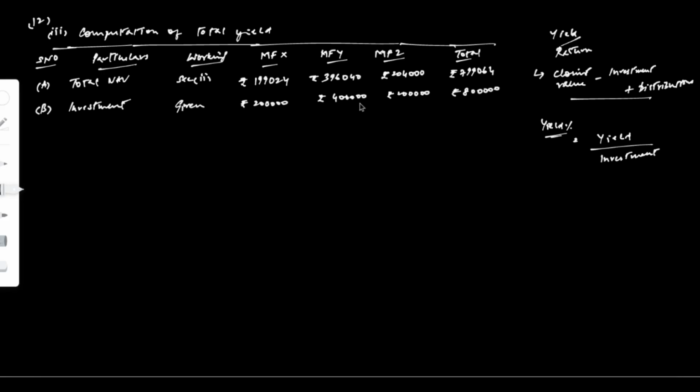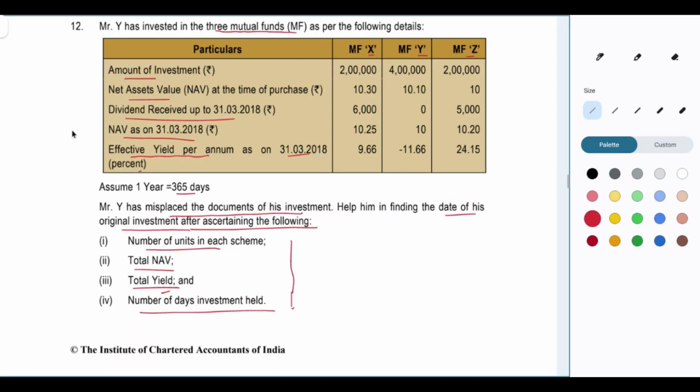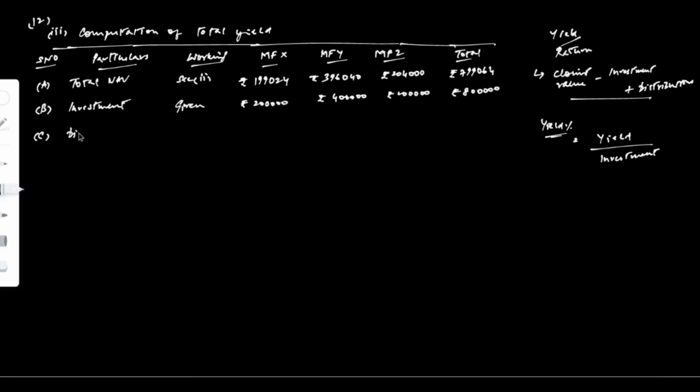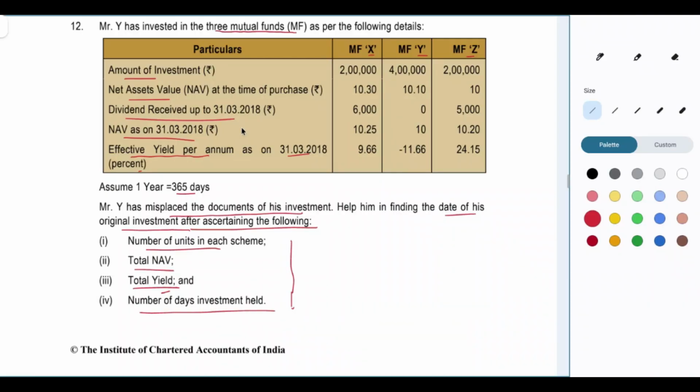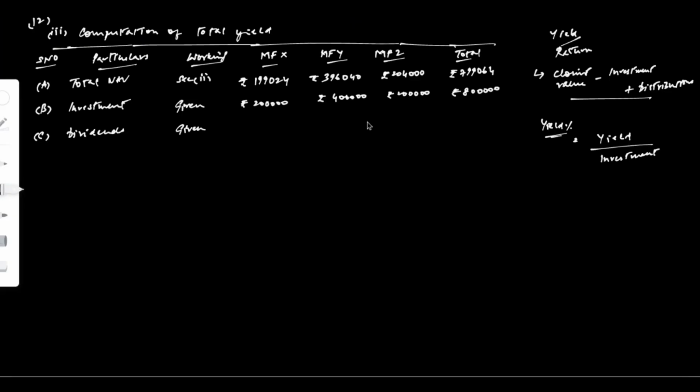Next, distributions. Here it is dividends, which is also given: 6,000, nil, and 5,000 rupees. That is rupees 11,000.